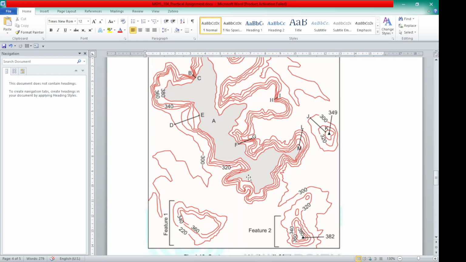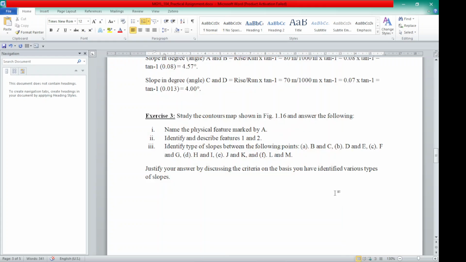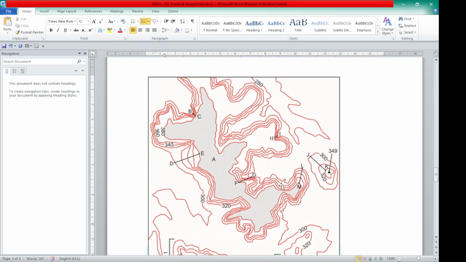I will write my answer and we will move on to the next question. The next part of exercise 3 is: identify the type of slopes between the following points, that is B and C, D and E, F and G, H and I, J and K, and L and M. So let's see what kind of slopes those are.